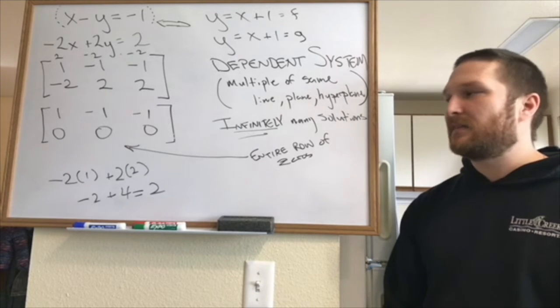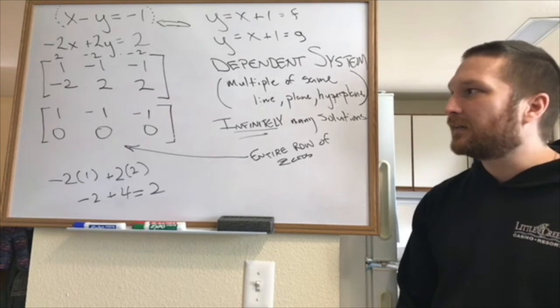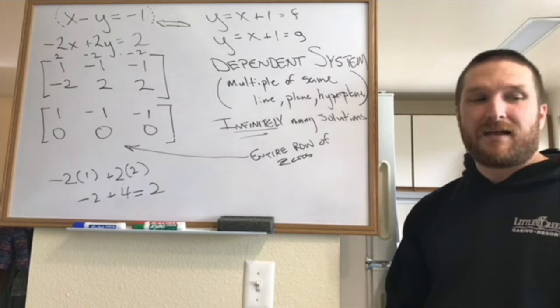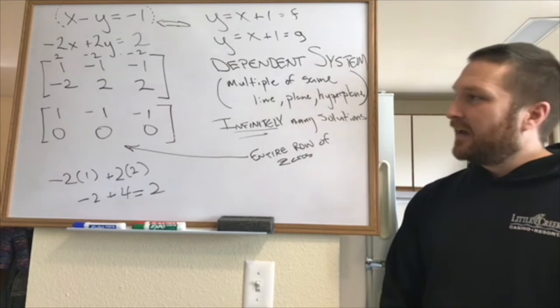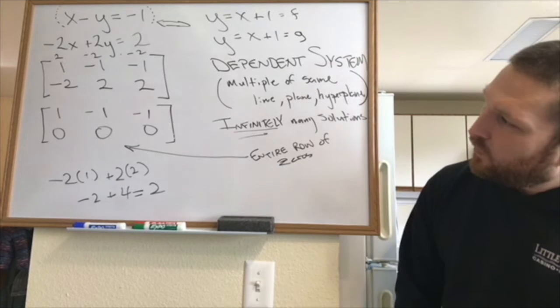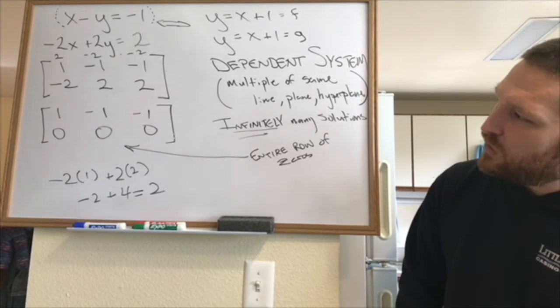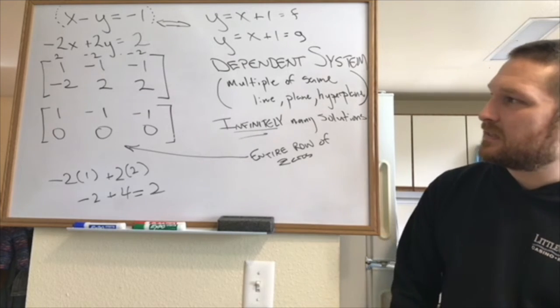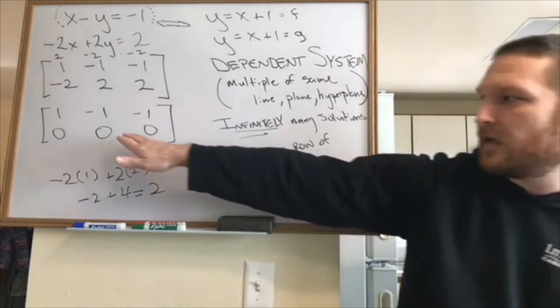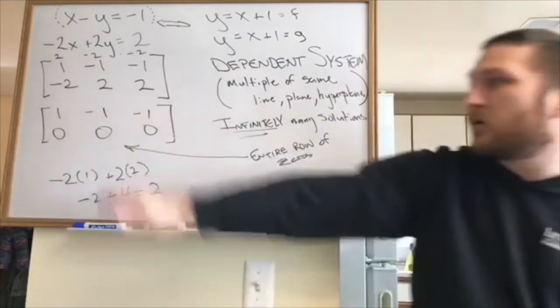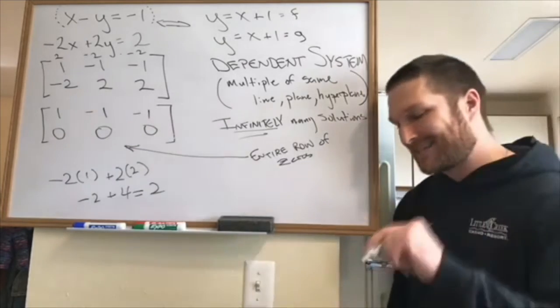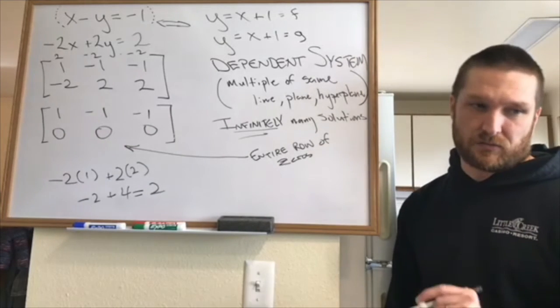We're not going to do that in this class. If you take linear algebra, you'll be talking about that all day and night. But right now, as soon as you get an entire row of zeros, you stop and say, the system's dependent, infinitely many solutions.